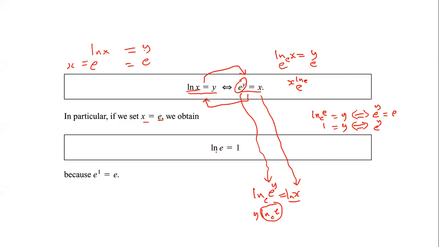Look, all we need to do is show that ln e is equal to 1. All we want is to show that ln e equals 1. On the left hand side, ln e of e, right?